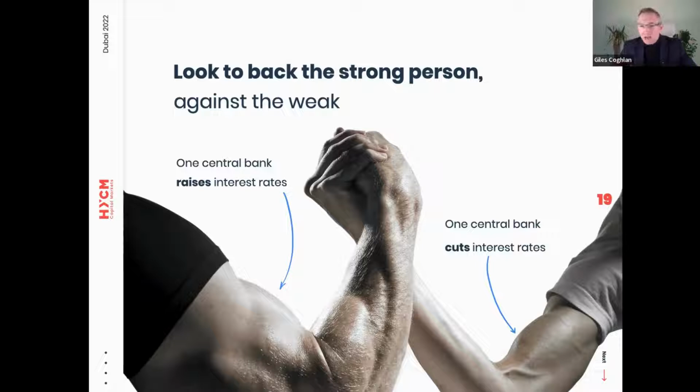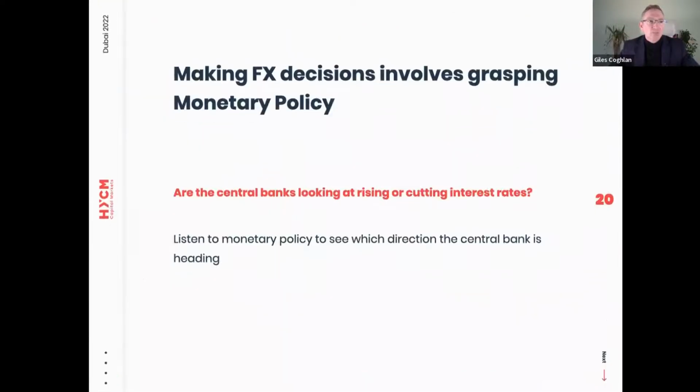Does that economic data point mean a central bank is more likely to raise interest rates or less likely? If it's more likely, you expect the currency to appreciate. If it's less likely, you expect the currency to depreciate. That is the very big overview of what we're doing when we're trading currencies. So we listen to monetary policy to understand which direction the central bank is moving in.